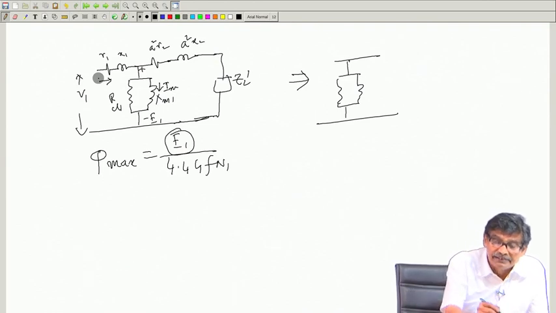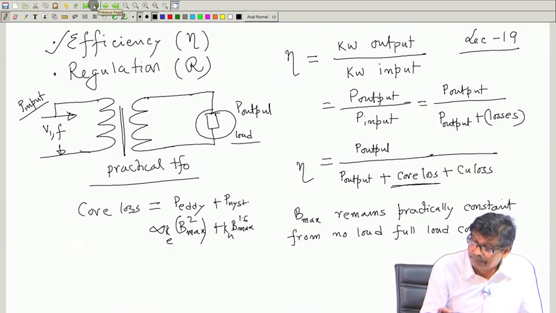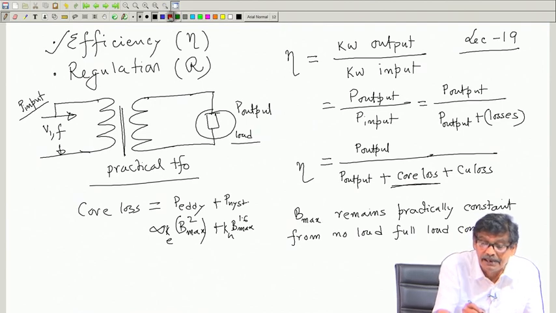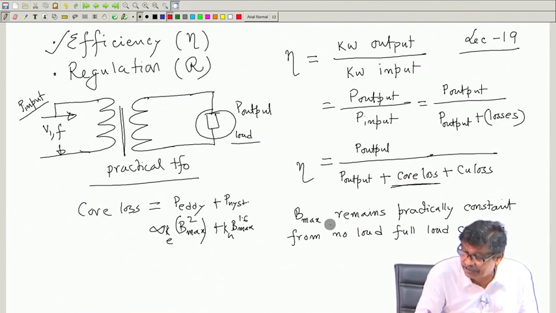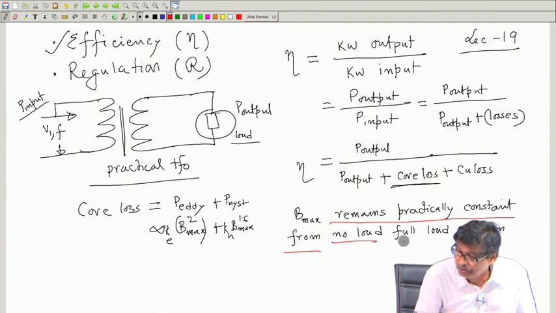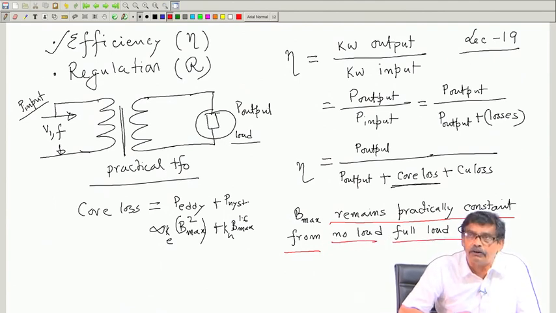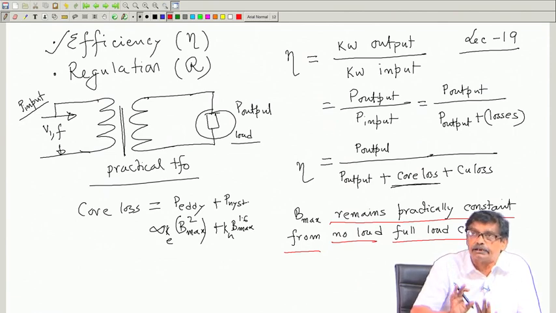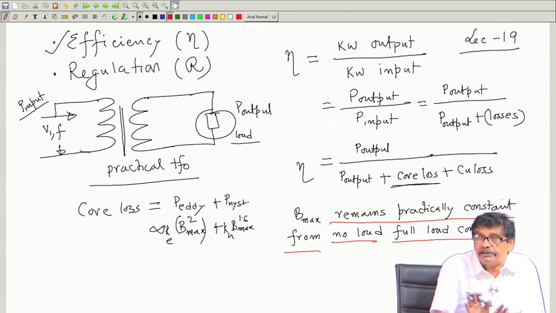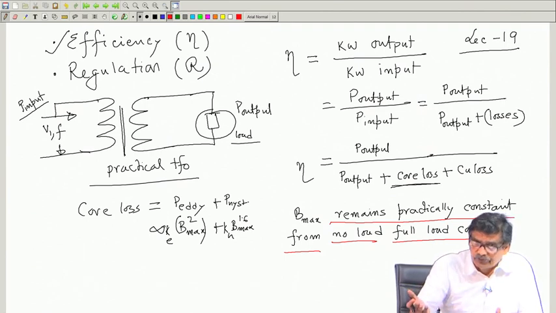So, the assumption is that B max remains practically constant from no load to full load condition. Full load condition, you must have understood now, is when the coils carry rated current and the applied voltage is rated at rated frequency. So, flux is almost rated from no load to full load.